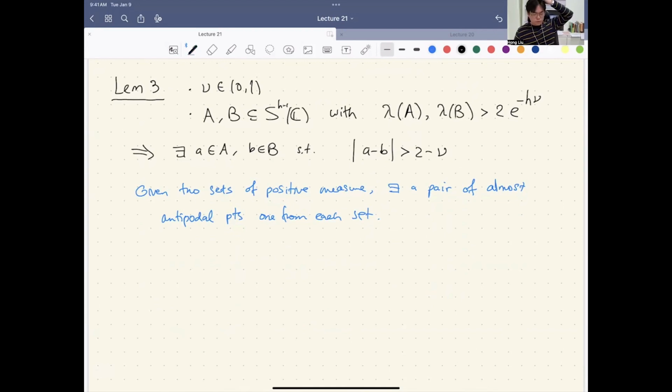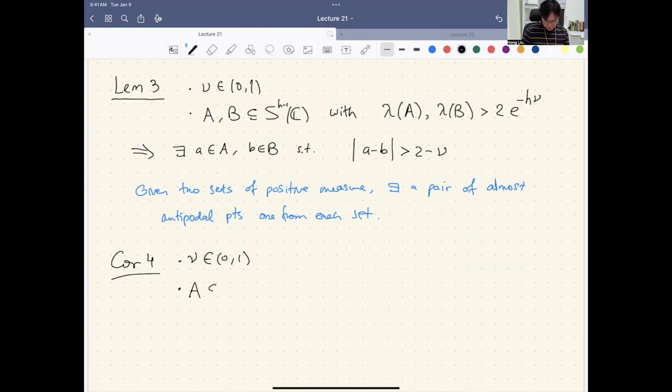And what we're going to prove is this corollary. Again, we have nu between 0 and 1. We're given a set A with measure lambda of A bigger than 2 times Q times e to the negative h nu over 16.